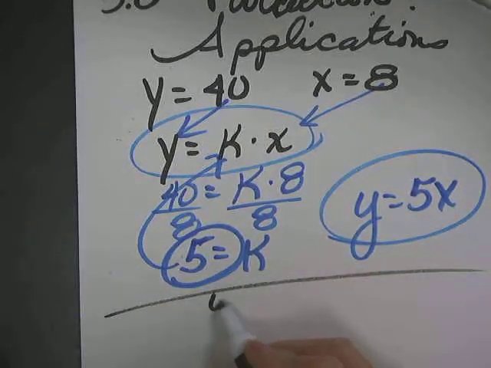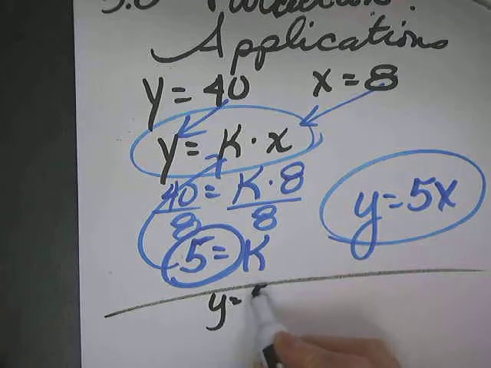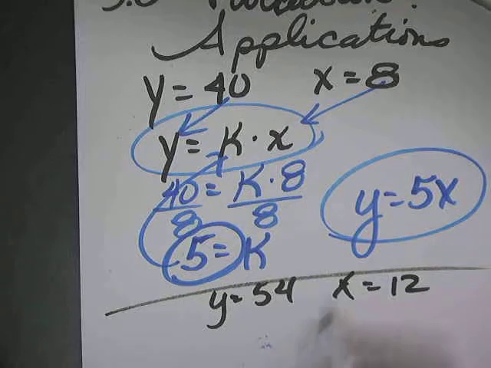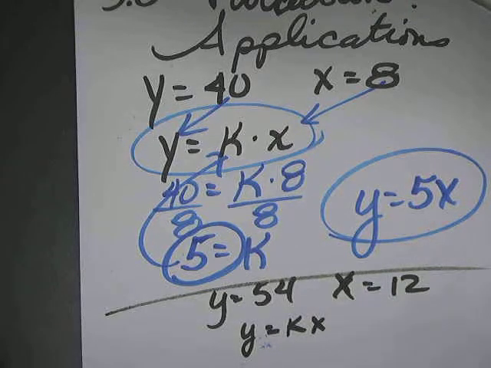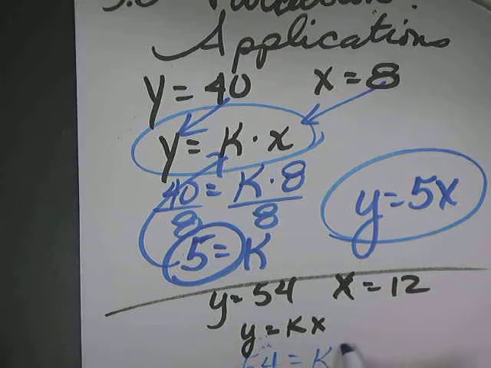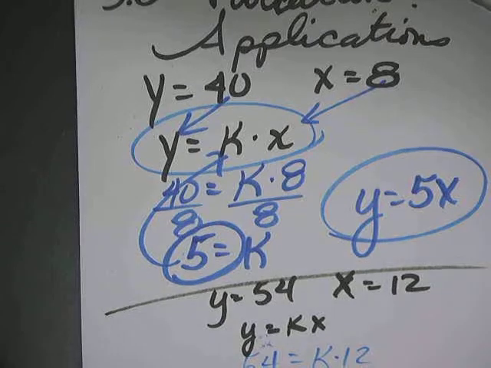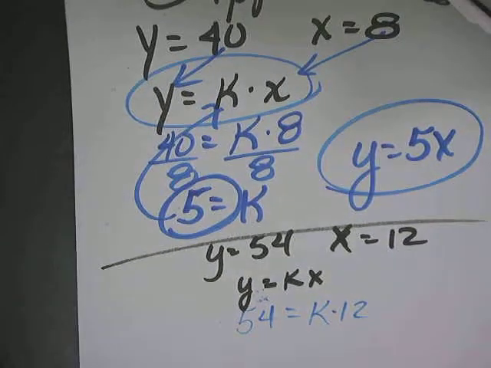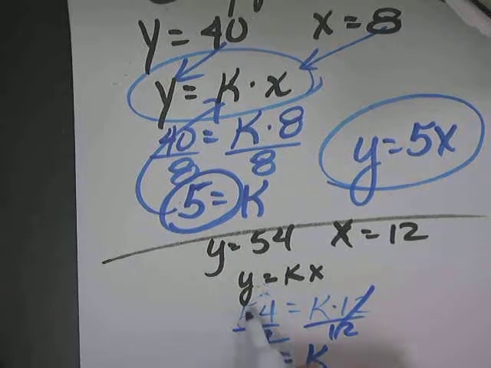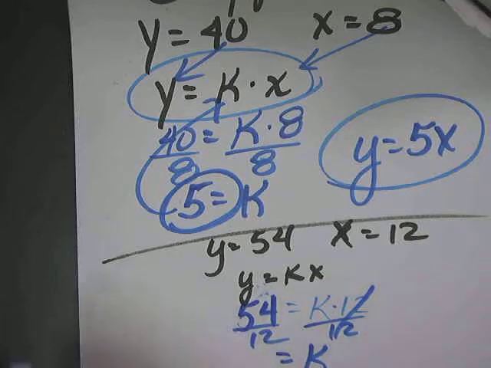What if you have one that's not exactly a whole number? Y is 54 and x is 12. So y equals kx, you put 54 is equal to k times 12. Divide by 12, 54 divided by 12.